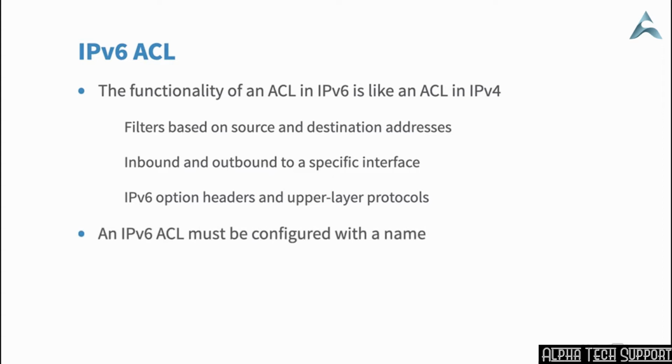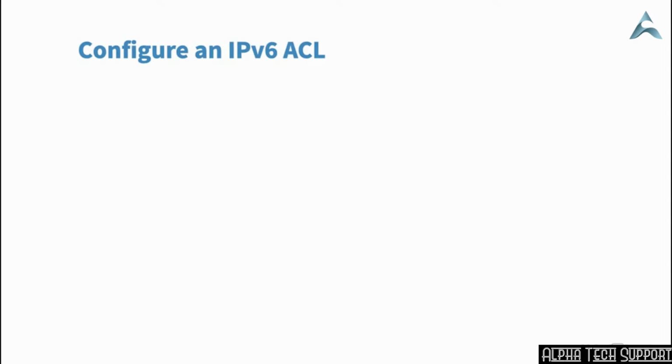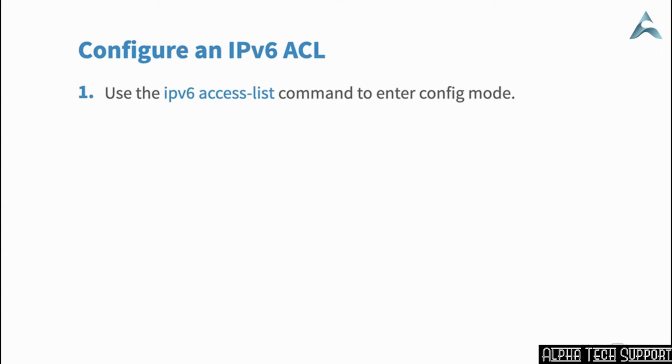Now, unlike a number in IP version 4, an IP version 6 access control list must be configured with a name. Now, to configure an IP version 6 access control list, use the IP version 6 access list command to enter into IP version 6 access control list configuration mode.